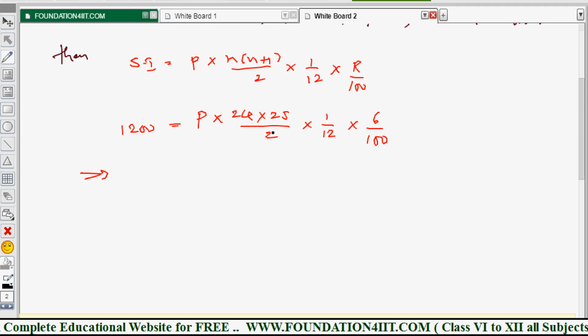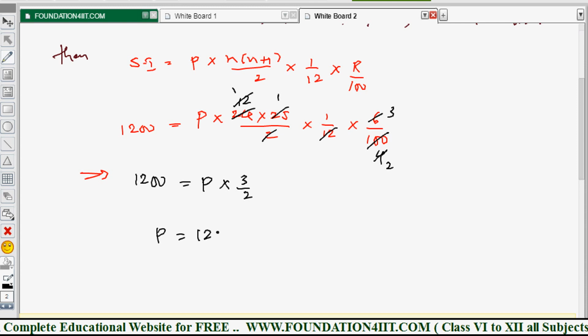Just cancel: 2 ones are 2, 12 ones are 12, cancel both. And 25 ones are 25, 25 fours are 100. Okay, and 3, this is the 2 table. So finally, 1200 is equal to P into, what is left here, only 3 by 2.